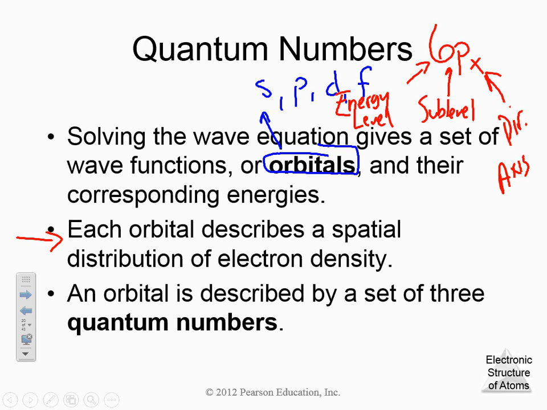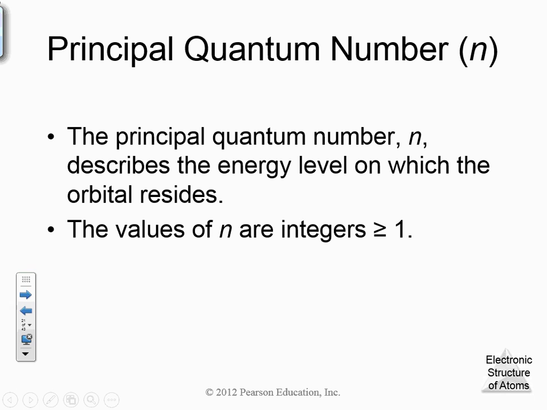And we describe these orbitals using quantum numbers. So there are 4 quantum numbers. The first quantum number is the principal energy level. Keep that in mind. Or the principal quantum number or principal energy number. All right, we can do energy. All right. Principal quantum number or principal energy level.